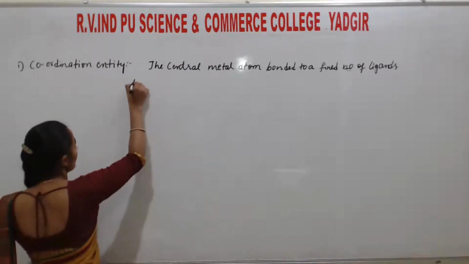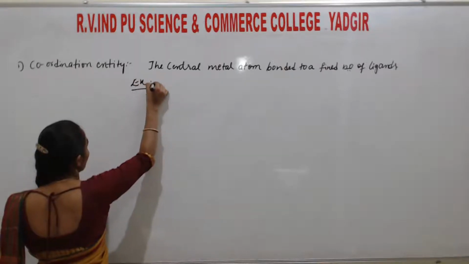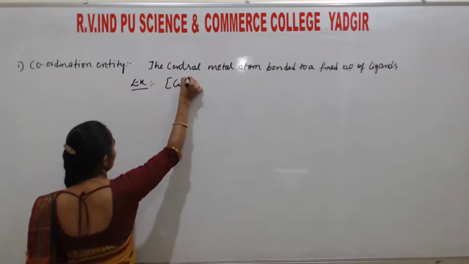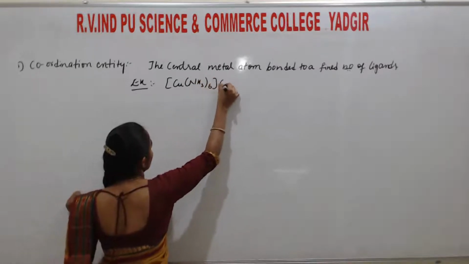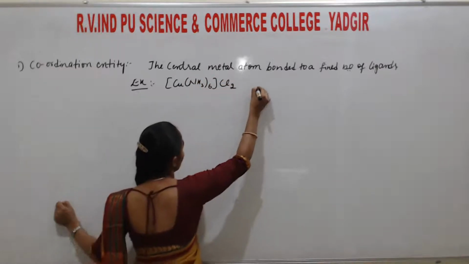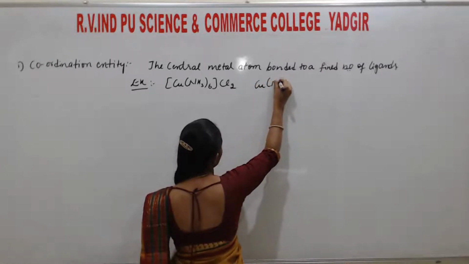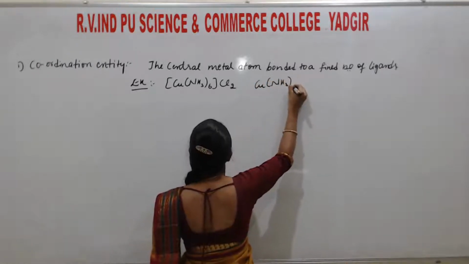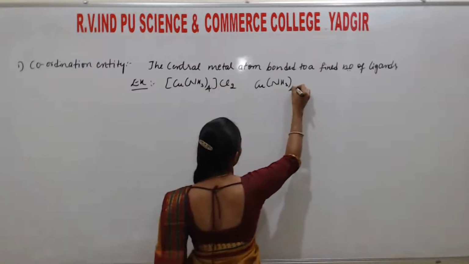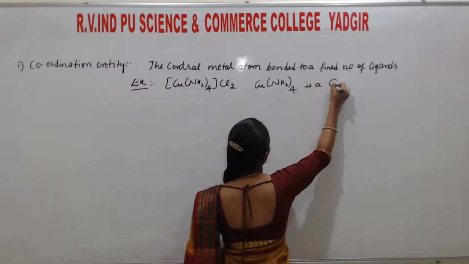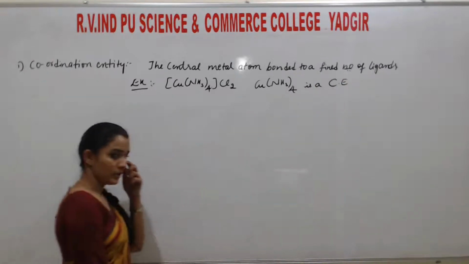So here, for this example, [Cu(NH3)4]Cl2, [Cu(NH3)4] is a coordination entity.